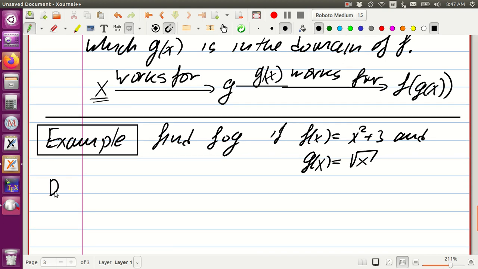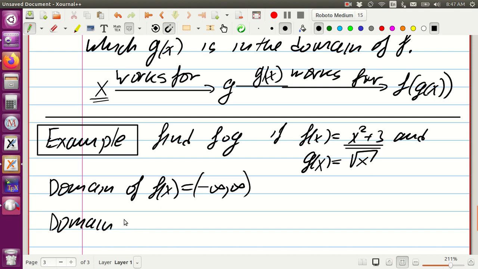All right, so let's start with the domain. So domain of f of x is, so let's look at f of x. For f of x, anything works. No matter what number you plug in, it will work. So it's minus infinity to infinity.